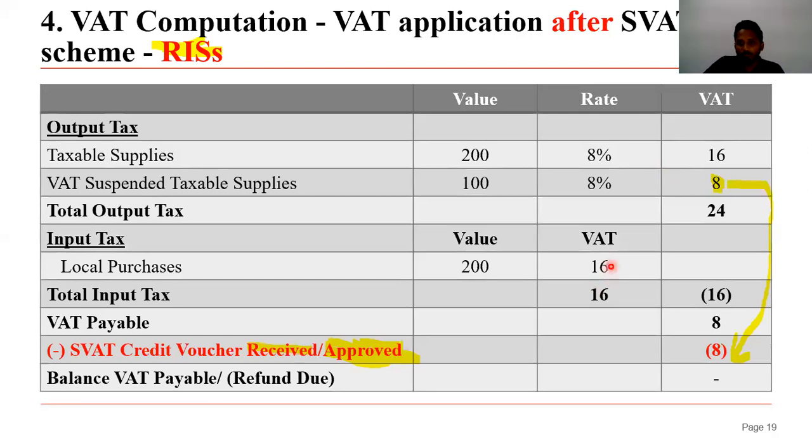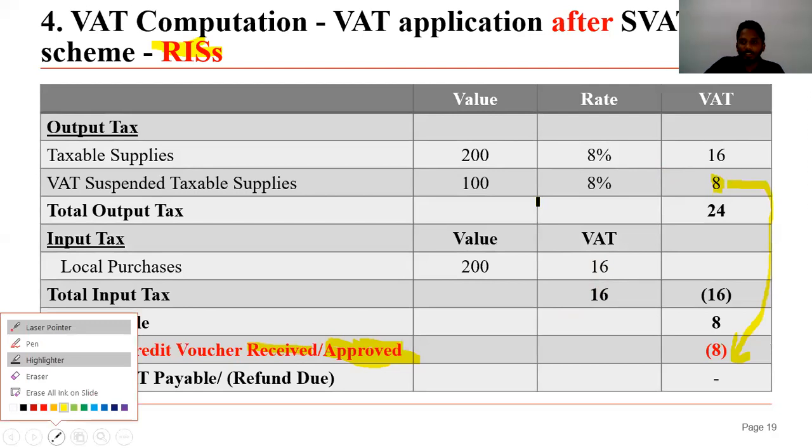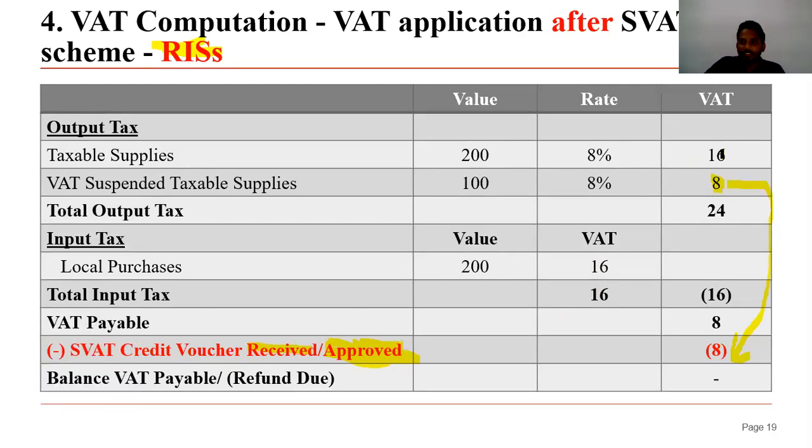Let's say they have purchases, 16 million inputs. Then they will set off this input of 16 million out of this 16 output. If I put a line highlight here, they will set off this input against this part. Because even individually, you are not required to set off.